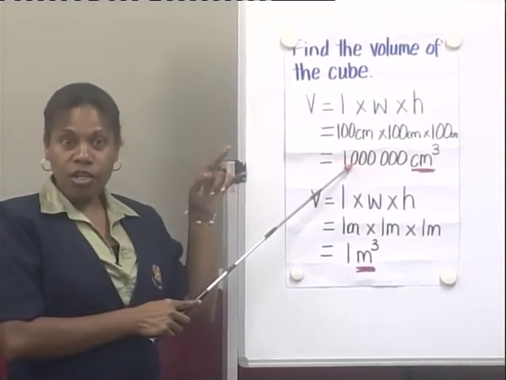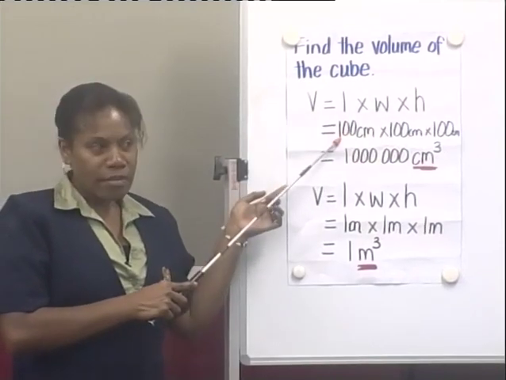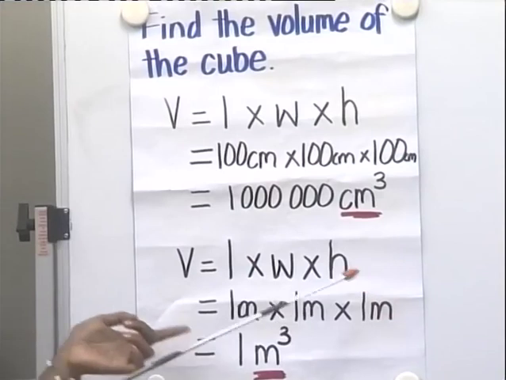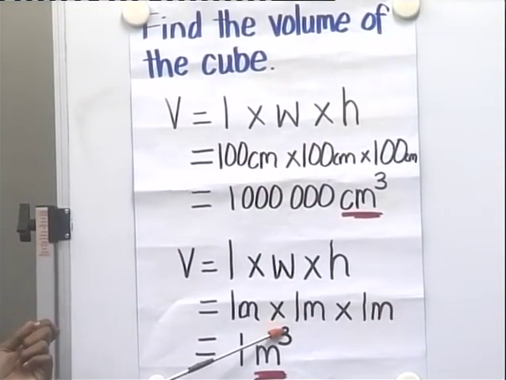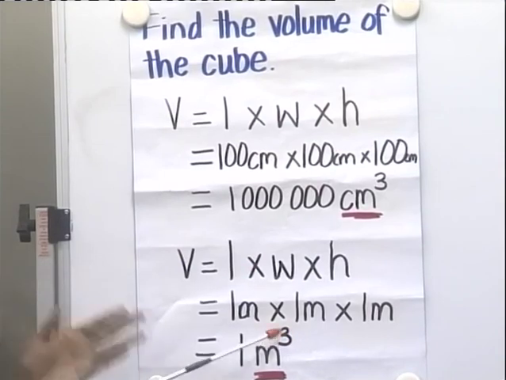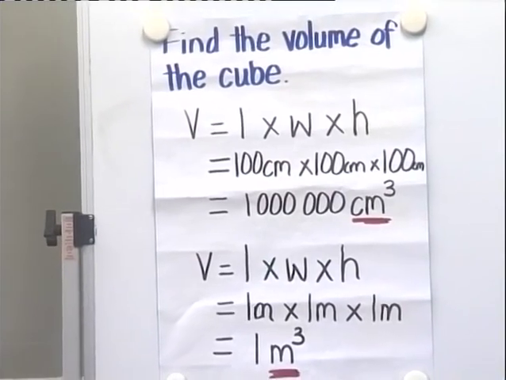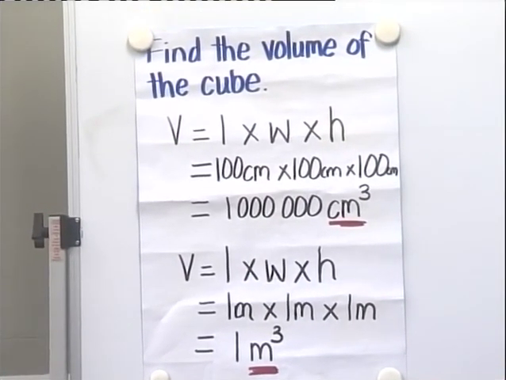So to find the volume of the cube in cubic meters, 1 meter by 1 meter by 1 meter, which will give us 1 cubic meter. So that's how we got 1 cubic meter. You understand? If you are not sure, I'd like you to ask. Receiving students, you can also ask your teachers to help you more on that.